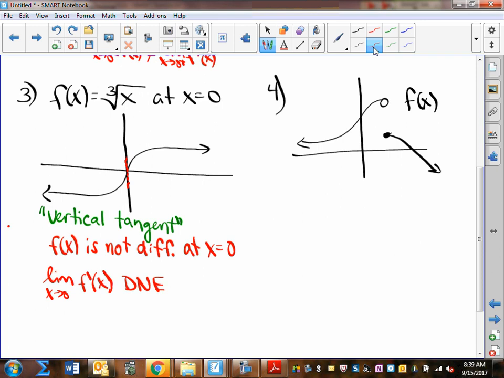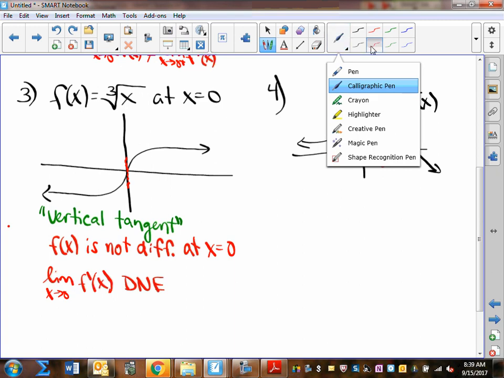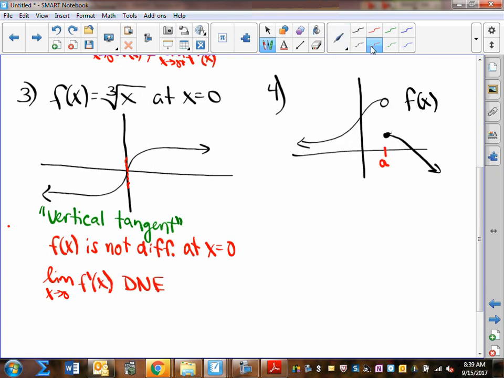Alright, so this last case, remember that that theorem said a function must be continuous to be differentiable. Let's go ahead and call this one. Is my function continuous at a? No, so we don't even have to look at the limit of my slopes from either side, because if it's not continuous, then it can't be differentiable in the first place, right?